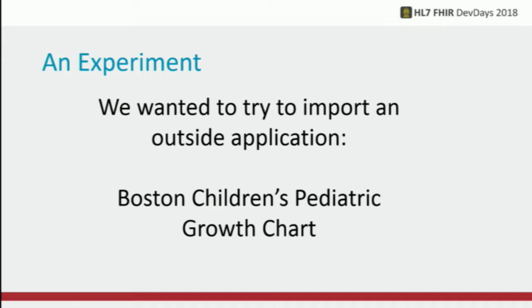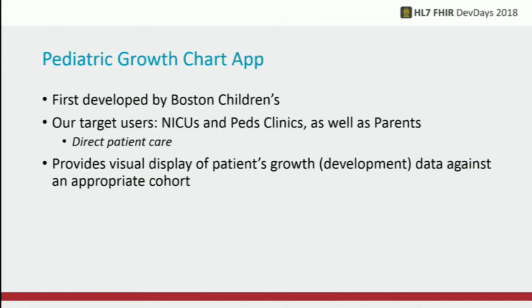We then asked, what are we really going to do? What we wanted to do is take advantage of an application that had already been developed and import that and use it within Intermountain Healthcare. One of the things that we needed was a growth chart application, and we decided that we would import Boston Children's Pediatric Growth Chart.